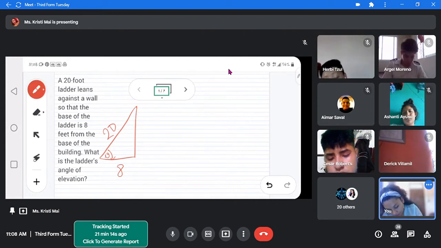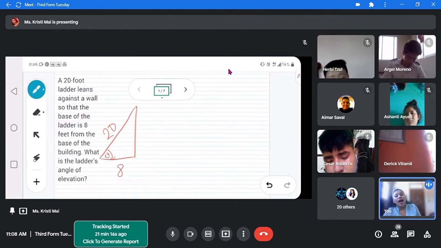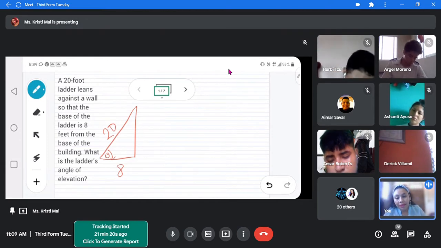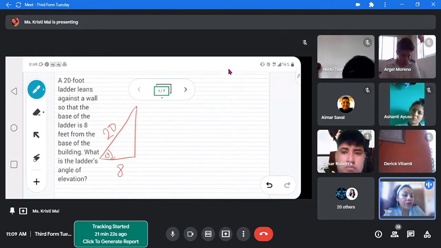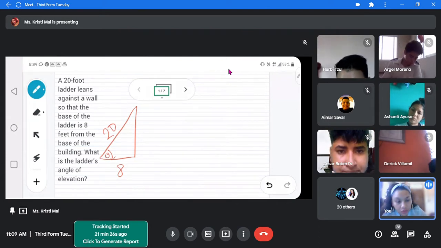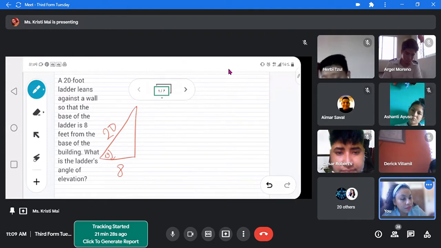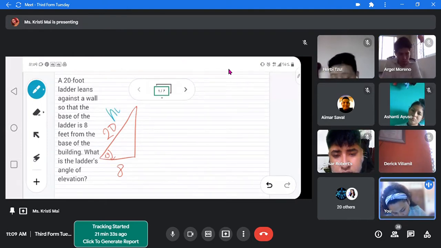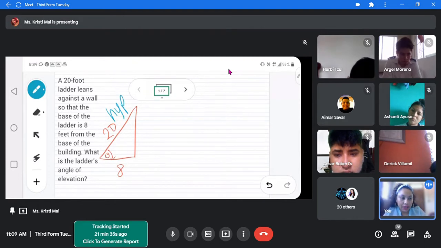So now I will label my triangle. The first thing, label your triangle according to theta. What would the 20 be? Hypotenuse, very good. What would the 8 be?